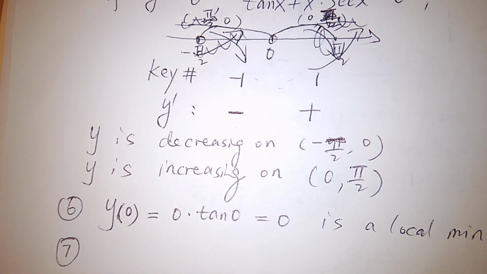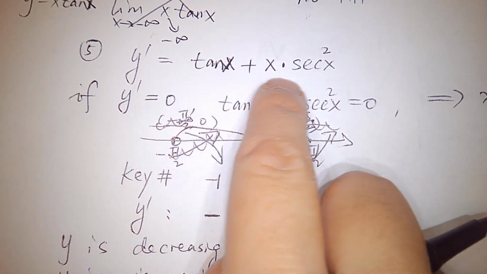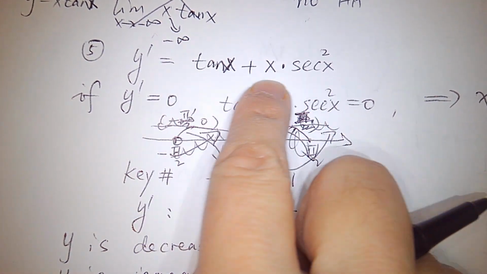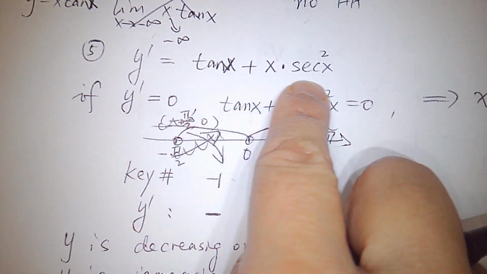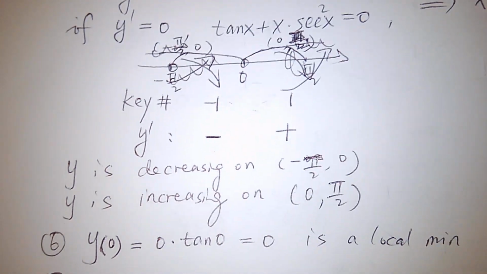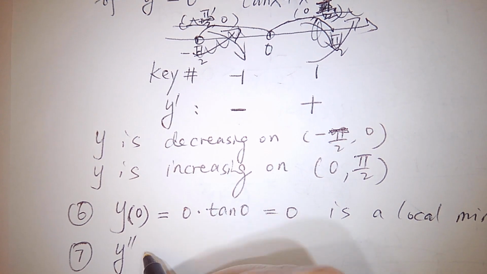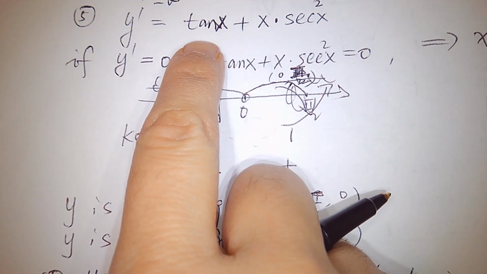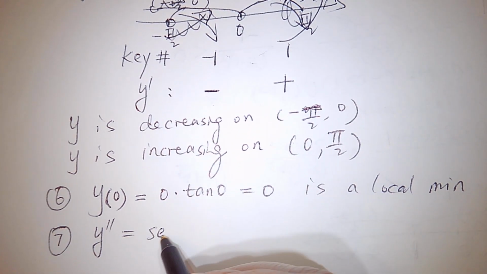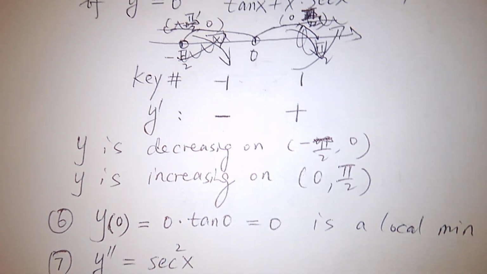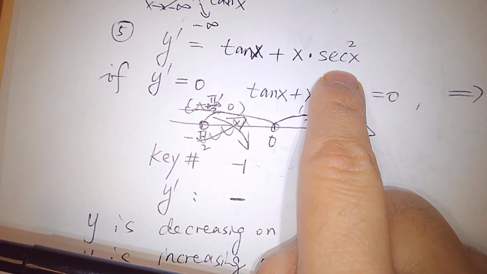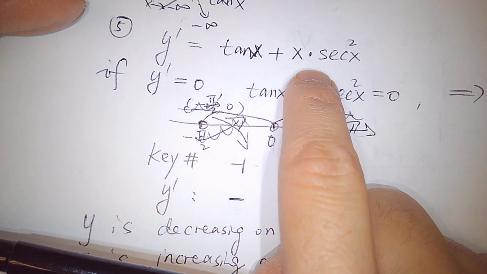Alright, step 7, concavity. Second order derivative, we do it from here. We differentiate y prime. You have that. The derivative of tangent x gives us secant x squared. Differentiate this with the product rule.